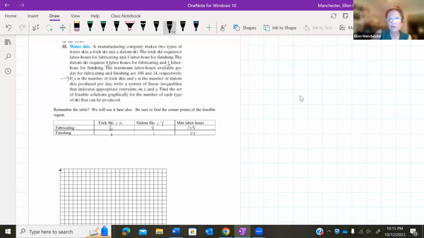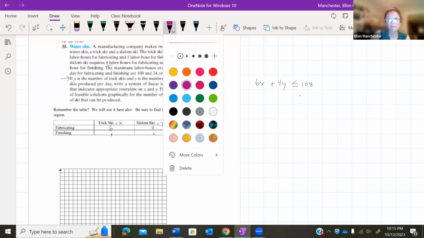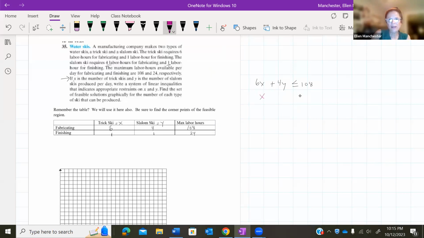Here are your 2 equations. You have 6x plus 4y is less than or equal to 108 because I can't go above 108. And then I'm going to change colors. 1x plus 1y has to be less than or equal to 24. Okay.